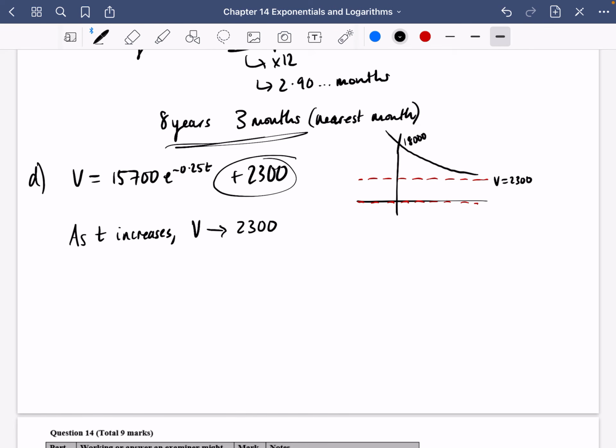So another way you could think about this is you could say as t becomes a really big number, as t becomes infinity, we can find out what v is going to become. Now, when I say infinity, you can just put in your calculator. Why don't we just say that t is like 1,000 years and see what we get?